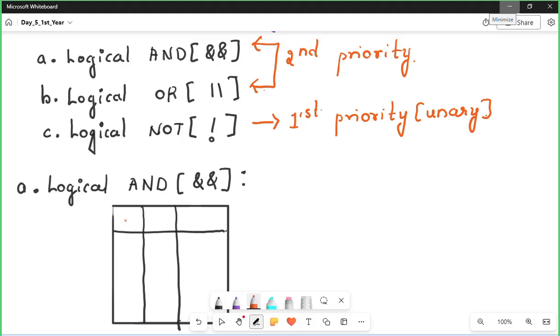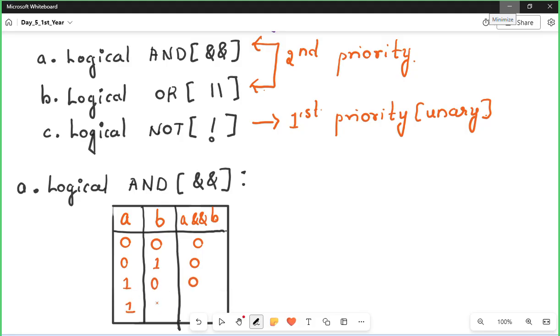Let us take the inputs as A and B, and A logical and B. The table says 0 0 output is 0, 0 1 output is 0, 1 0 output is 0.